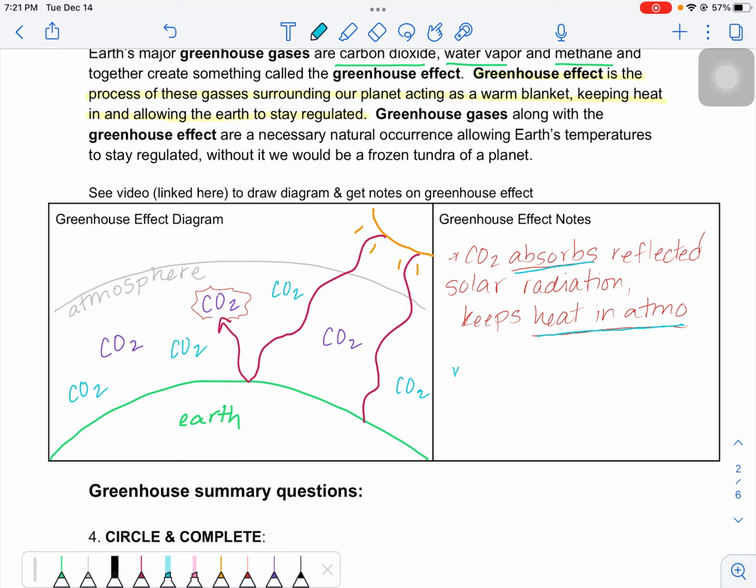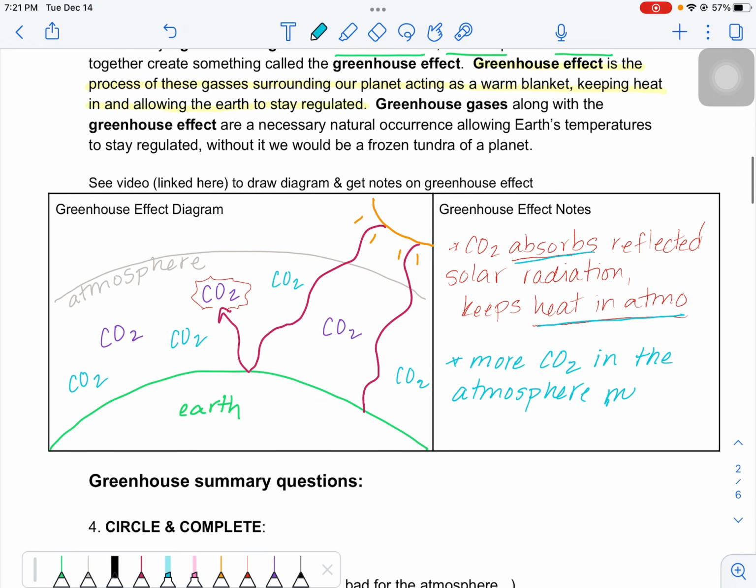So we want to add one more statement here. More CO2 in the atmosphere means more energy absorbed, and like we said, the more energy that gets absorbed, the warmer the atmosphere becomes.